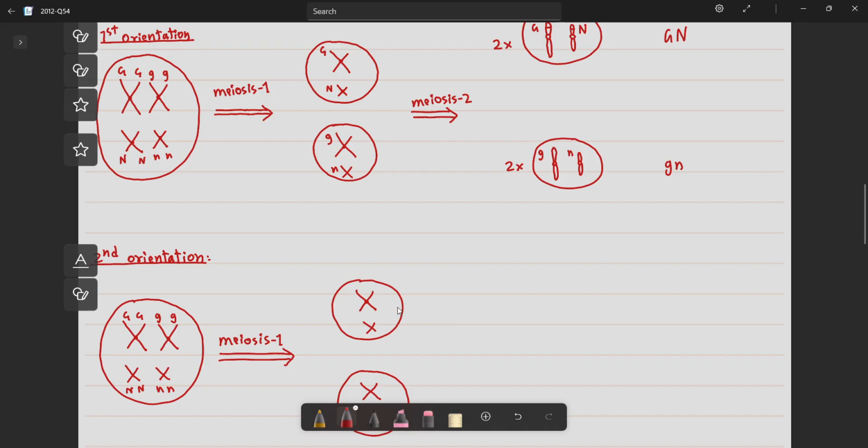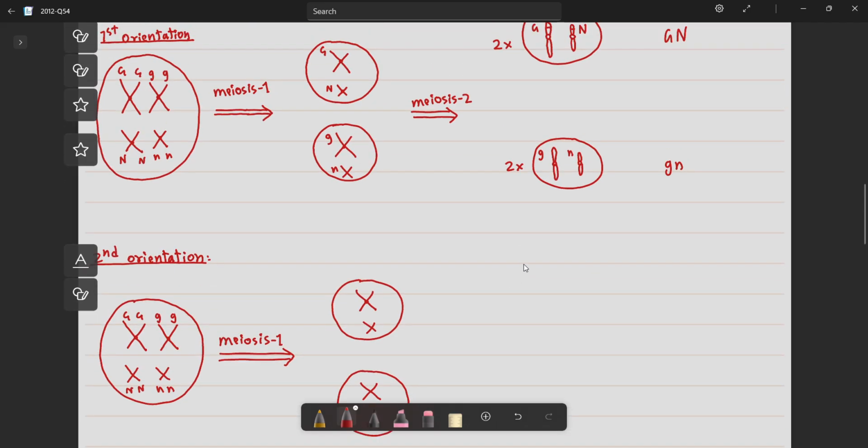But in this question, we assume there's no crossing over. Even if you set the parameters so that crossing over occurs, it still won't make any difference, because at the end you would get the exact same thing. Unless a single chromosome carries two genes, there might be a difference. But for this question, you would get the exact same genotype.